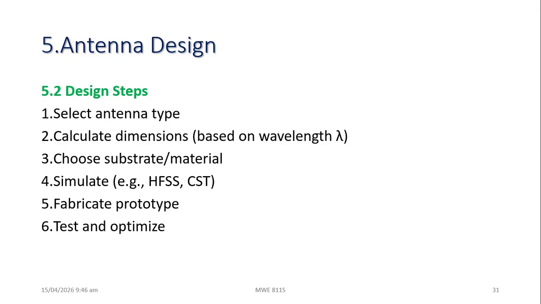So once you're satisfied with your test, that's when you order mass production. By the way, these design steps are common in almost the making of most engineering products. You follow through these types of similar steps. So you simulate, fabricate a prototype, test it. If you are satisfied, that's when you produce them in mass.